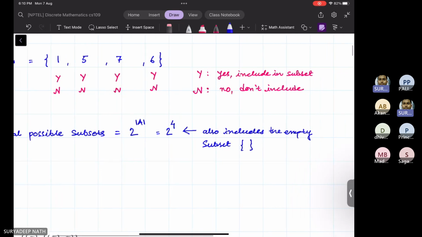That is, if we take the combination of no, no, no, and no, we get the empty subset.